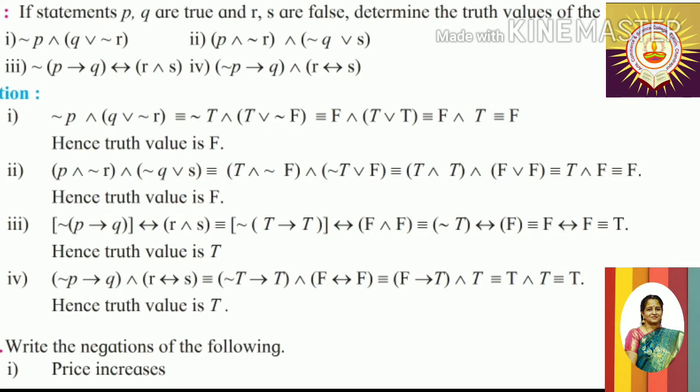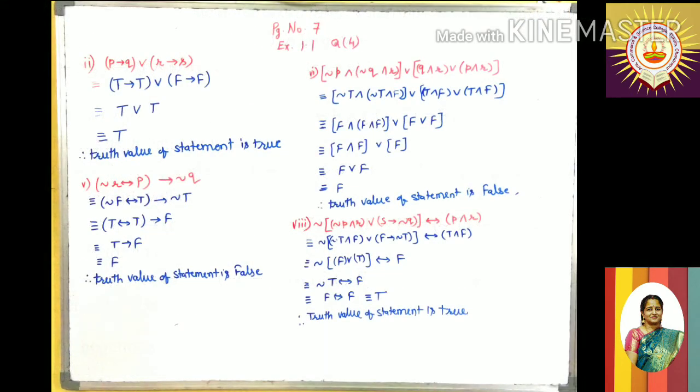Remember students, you must write down the last line as the truth value is true or false, whatever your result is. See the exercise from book 1.1. Question number 4 is the same as the above pattern.